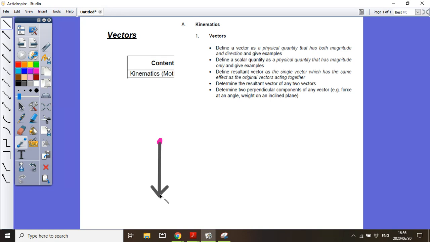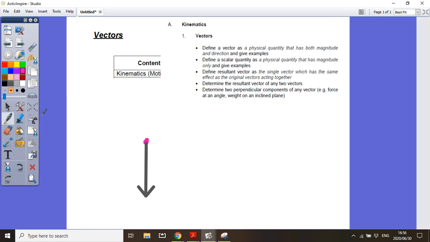If you don't have an arrow, it's not a vector, because this part shows the direction, and the size of your vector will indicate the size of whatever quantity you are measuring. If it's force, most of the time it's going to be force, but it can be velocity or anything else as well. Any vector can be represented as a vector diagram.